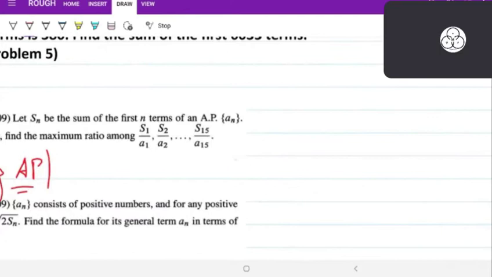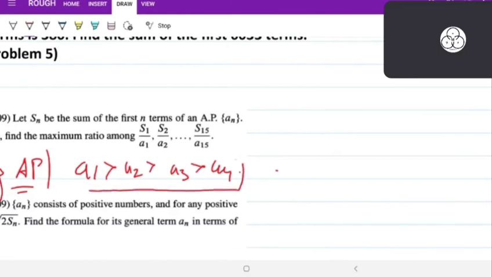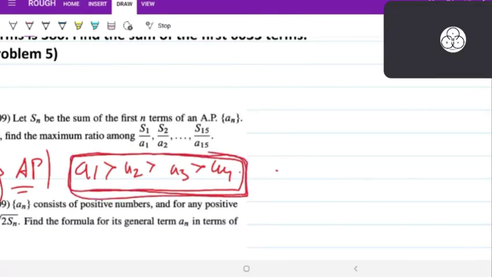Look at this very carefully. A1 is greater than A2, greater than A3, greater than A4, and so on. The terms are decreasing, but what about the sum? It doesn't matter that it's decreasing until and unless these numbers become negative. Say A1, A2, A3, A4 are positive.